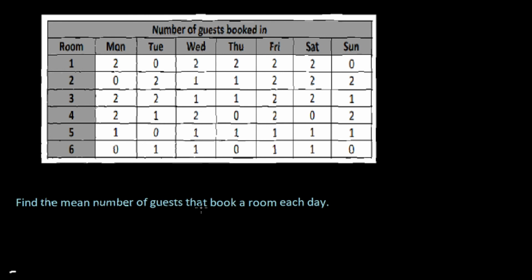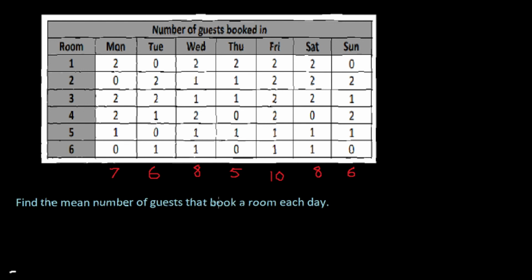Alright, so to find the mean number of guests that book a room each day, what we need to do first is figure out how many people stayed each day. If we add these up, Monday turns out to be 7 people. Tuesday is 6 people, Wednesday is 8 people, Thursday is 5 people, Friday is 10, Saturday is 8, and Sunday is 6.